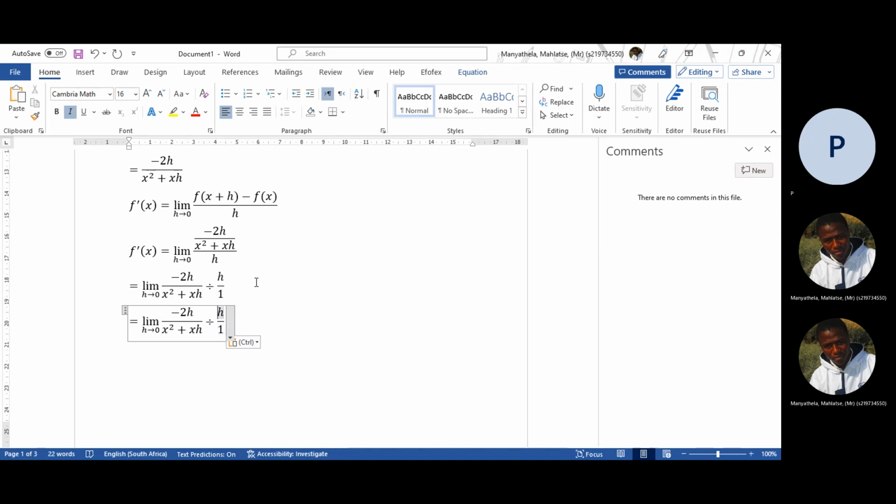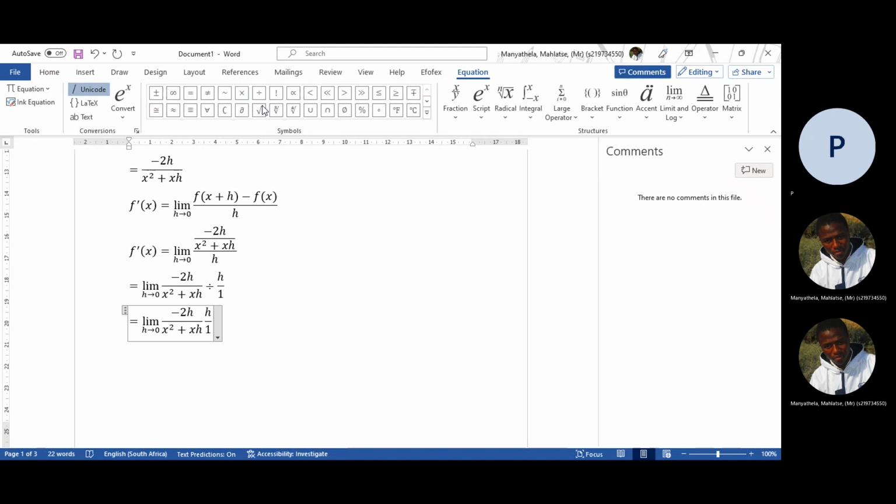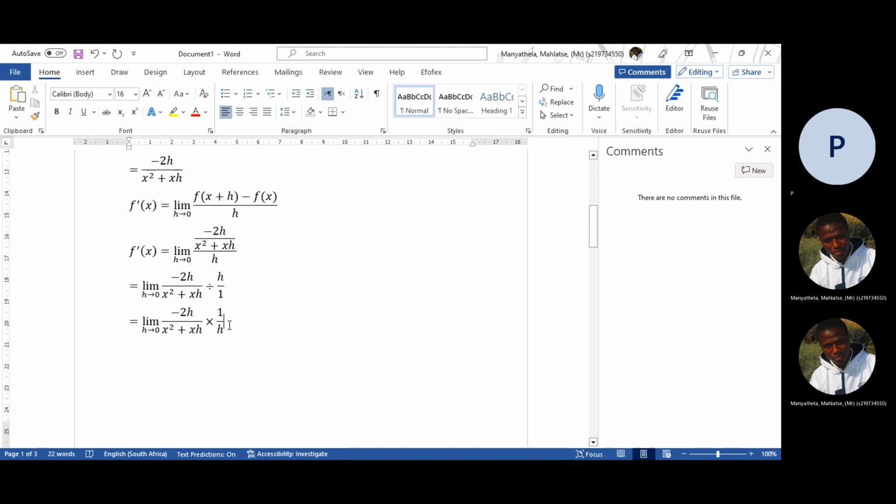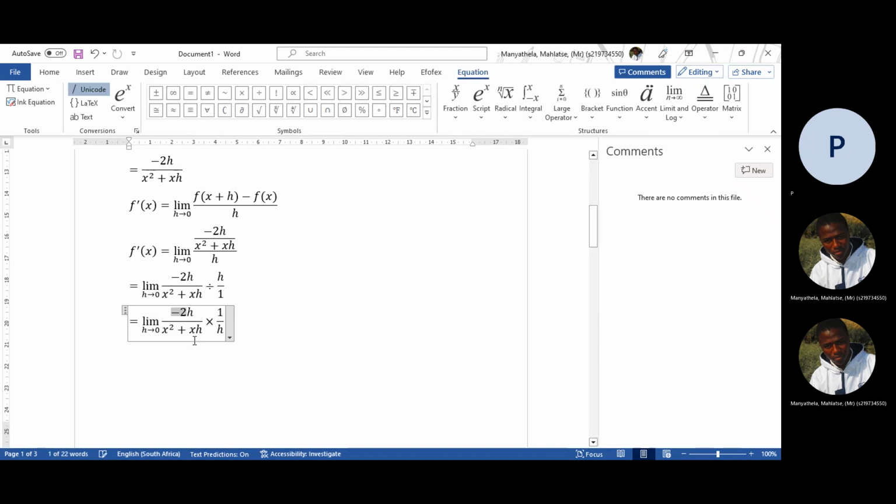So we're going to change this to multiplication. 1 will go on top and h will come down. Now it's a straight multiplication. Negative 2h will multiply 1, and then x squared plus xh will multiply h.